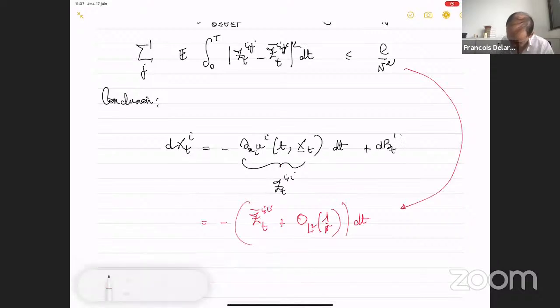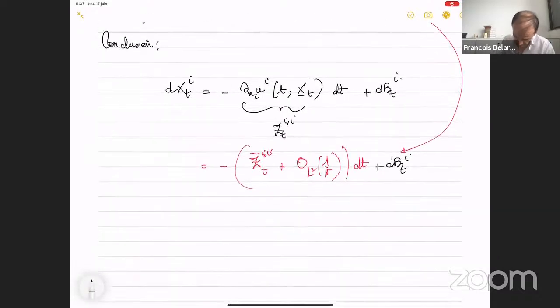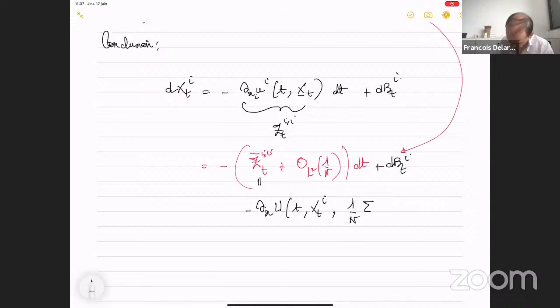And so plus dB^i_t. And this guy now, this is exactly minus ∂_x u(t, X^i_t, 1 over n the sum of delta X^j), j from 1 to n. So this is almost a particle system.